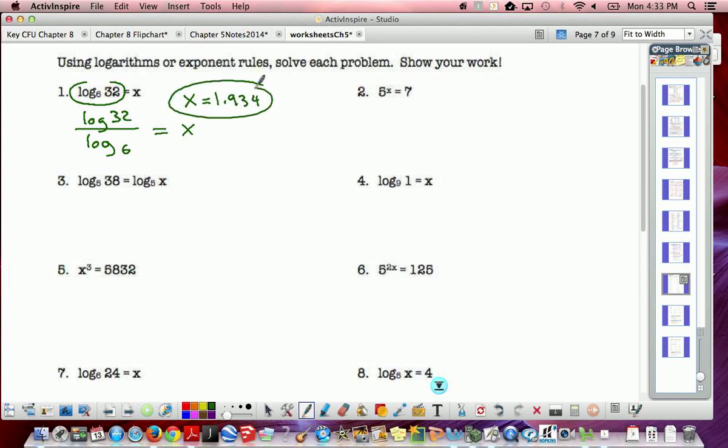First one is done. All right, here we have it in exponential form, so I'm going to write it in log form. Log, the base is 5, the number is 7, equals the exponent x. Notice how x is now by itself, just like number 1, change of base. Log of 7 divided by log of 5.